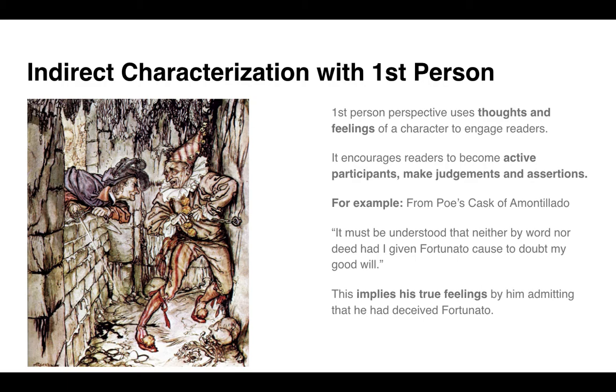Here's an example. "It must be understood that neither by word or by deed had I given Fortunato cause to doubt my good will." So this implies that the narrator had tricked Fortunato into going with him into this wine cellar of sorts, where he, as you can tell from the picture, chained him up and was about to wall him in. So we as readers were able to imply his true meaning, our feelings.